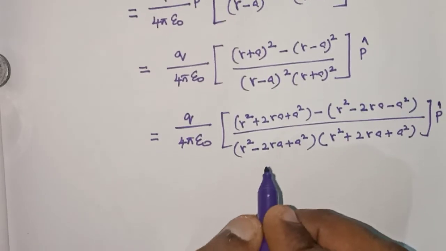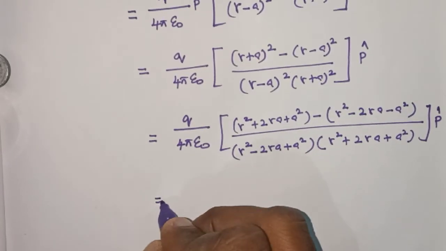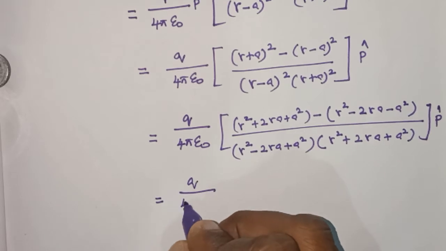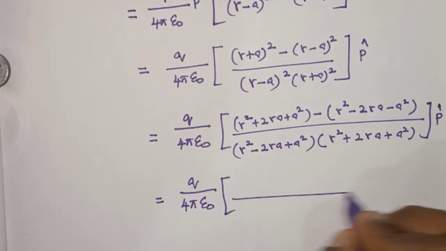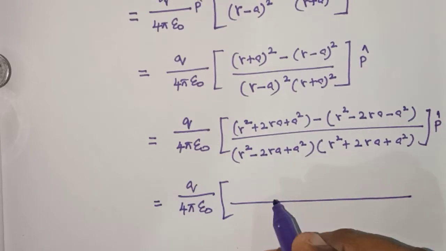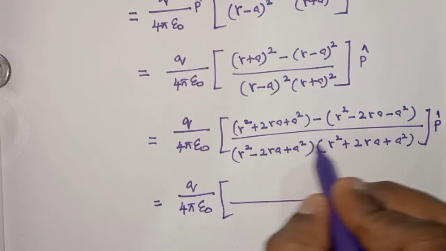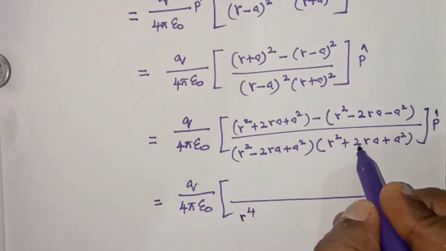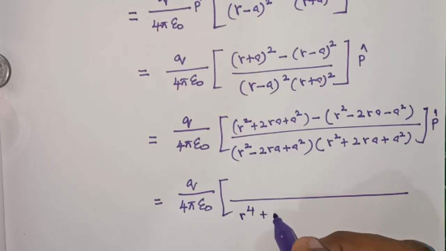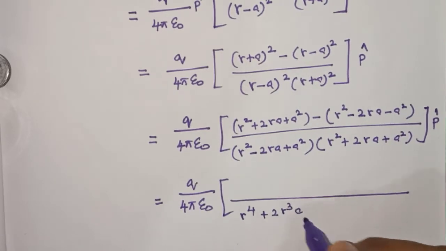Okay, so next, q by 4 pi epsilon naught. So I am going to multiply: first r square into r square, r power 4; r square into 2ra, plus 2r cube a.